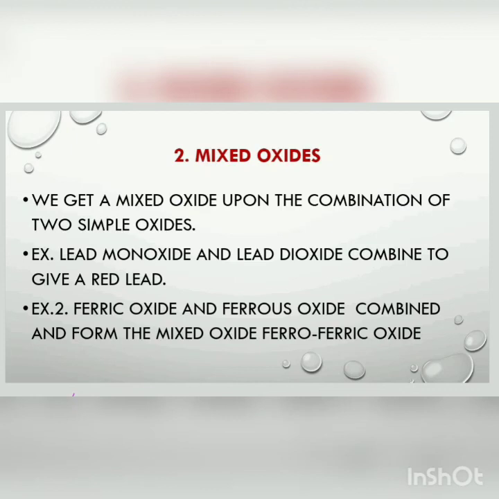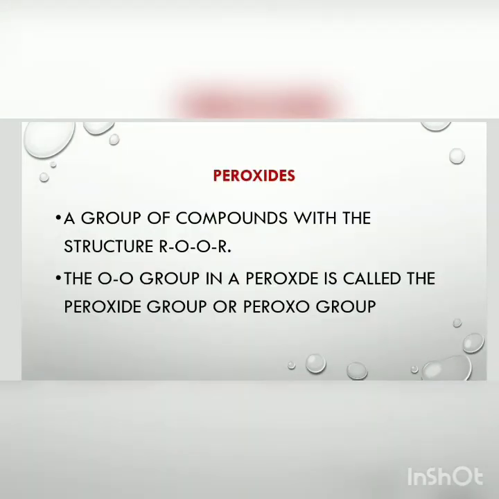So what is the definition of pure mixed oxide? Pure mixed oxides are formed by dehydration of only one type of oxides, hydroxides, or the combination of only one type of oxides.